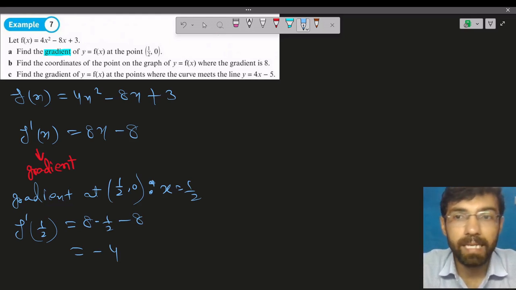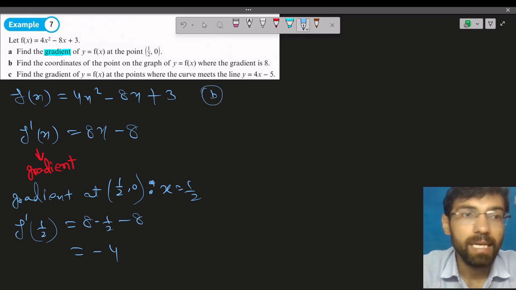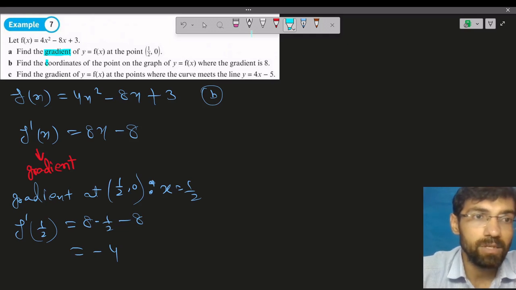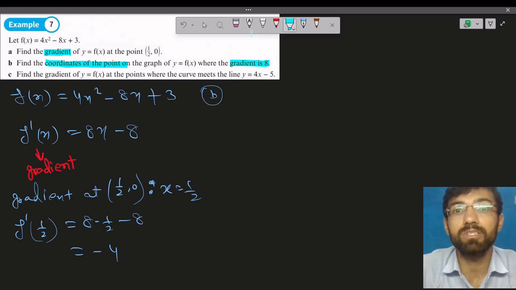Okay, let us do part B. What are they asking in part B? Find the coordinates of the point on the graph of y where the gradient is 8. This time you want the x coordinate of the point where my gradient is 8. This is quite a reverse question.